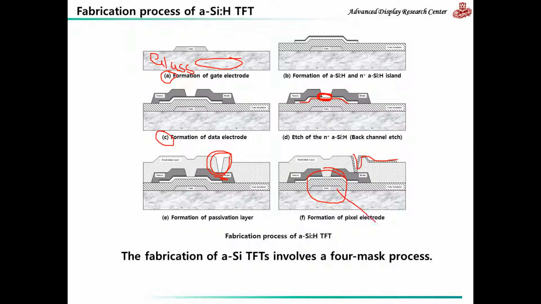We have here our metal, we have here our oxide, and we have here our semiconductor, making a MOS diode.